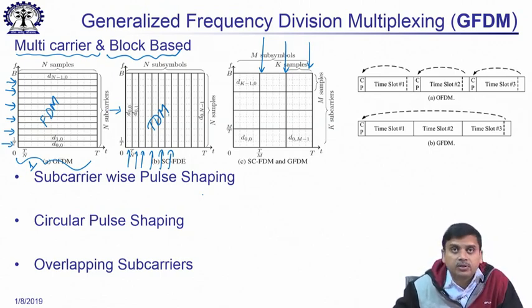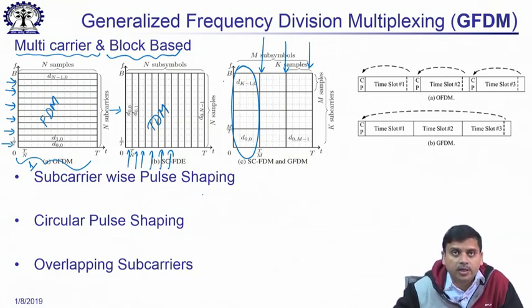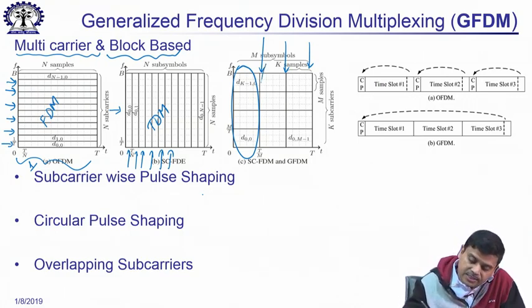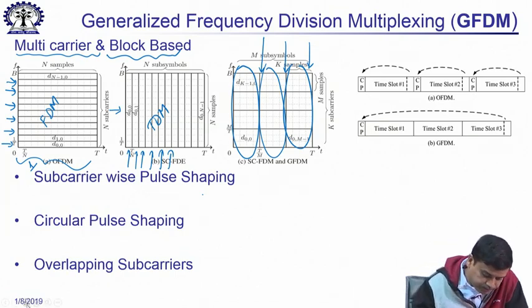But here we have both time and frequency at the same time, meaning one can equate one time block to that of an OFDM symbol. As if there are multiple OFDM symbols which can be grouped together and form one block.